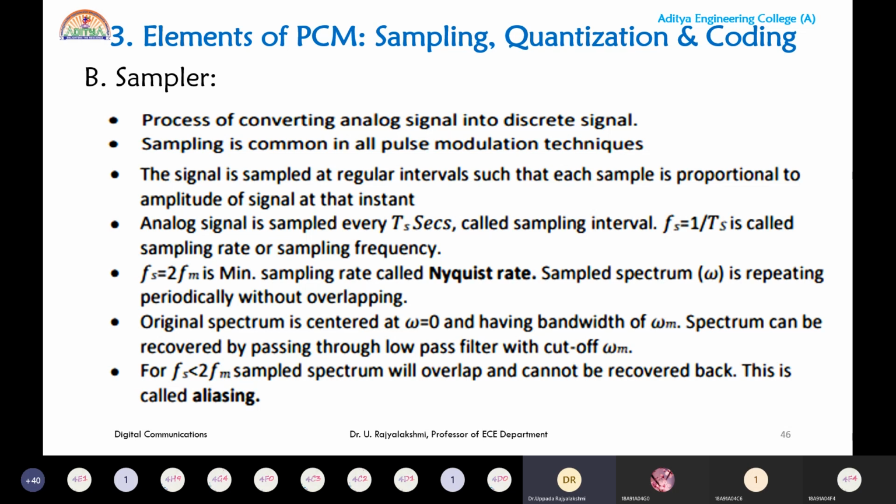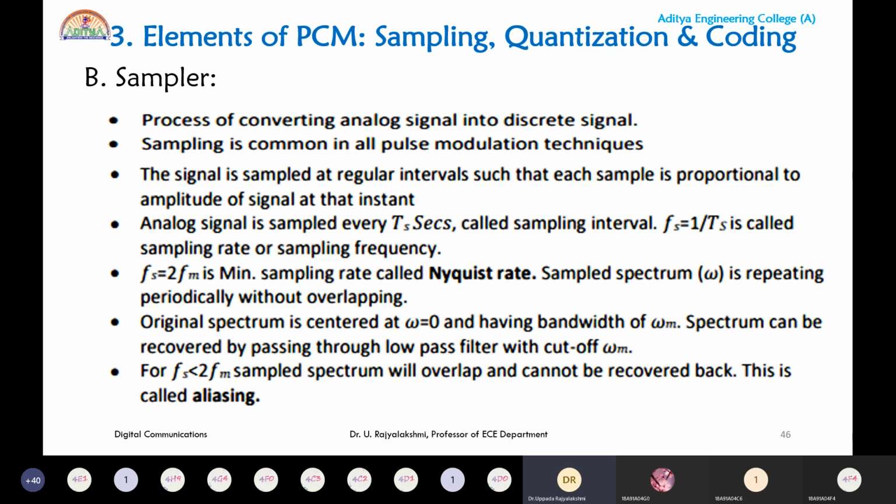It is nothing but the minimum sampling rate. What is the maximum frequency component? FM is the maximum frequency component of the message signal. The message signal is always a band limited signal. How can we define the input analog signal?